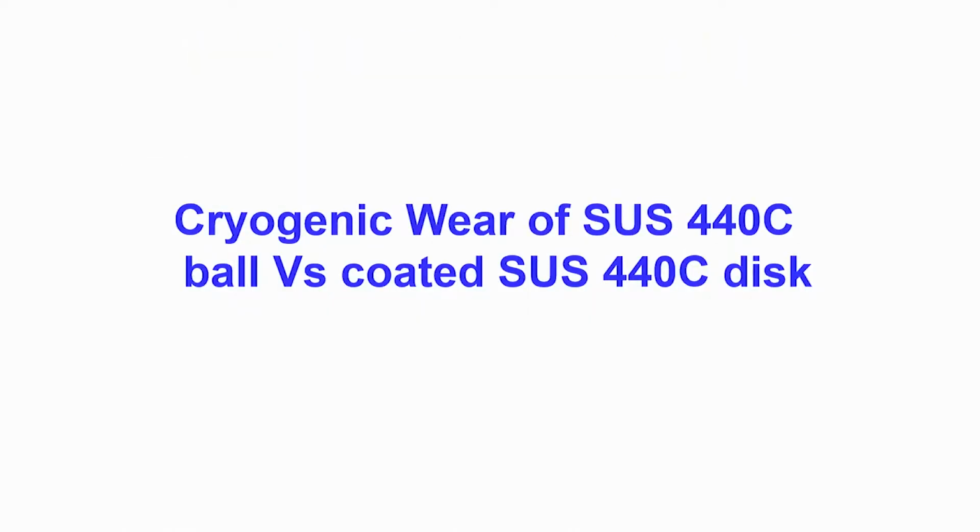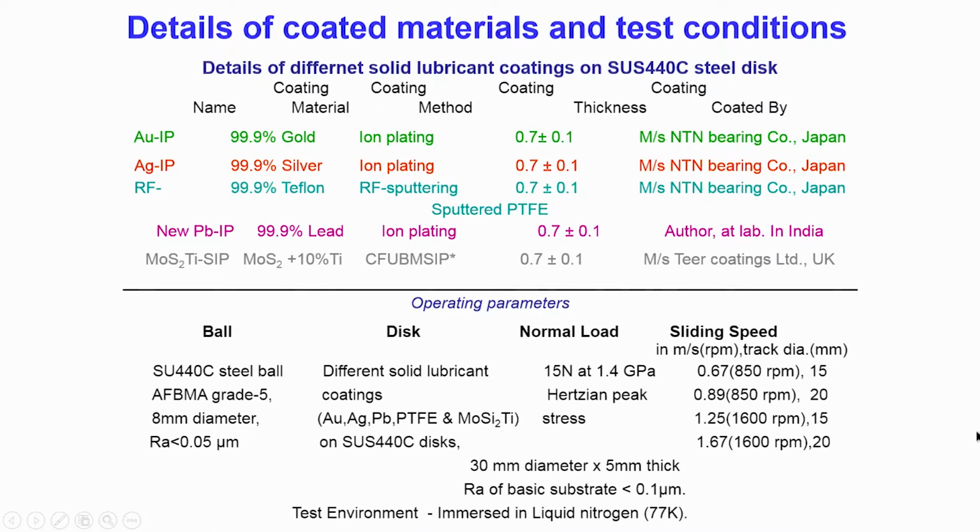Now I will show you some of the other research results where we have used a stainless steel 440C ball versus a coated stainless steel 440C disc. So, we have put these coatings, and this part of the research was done in collaboration with Professor Koji Kato's lab in Japan.